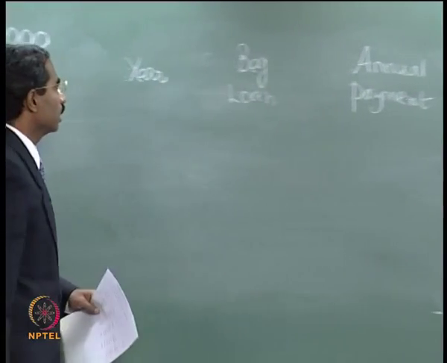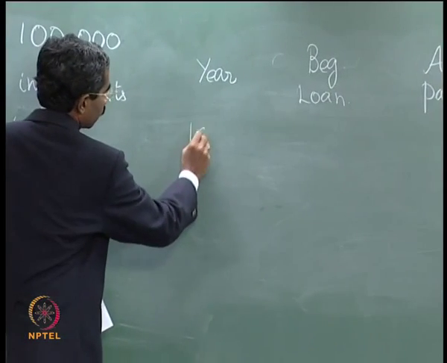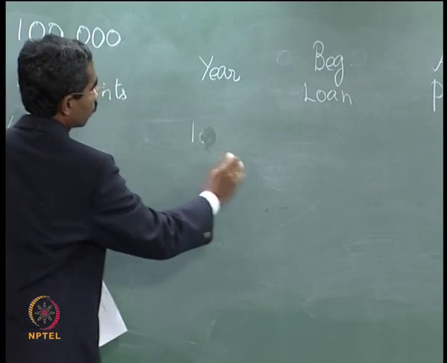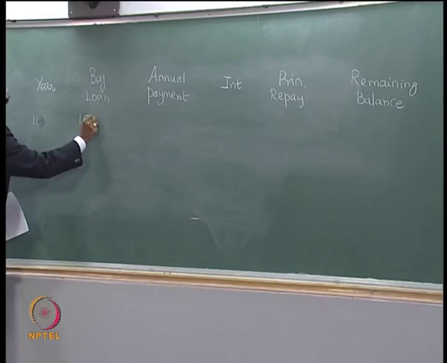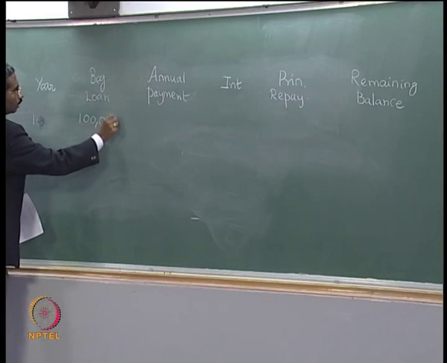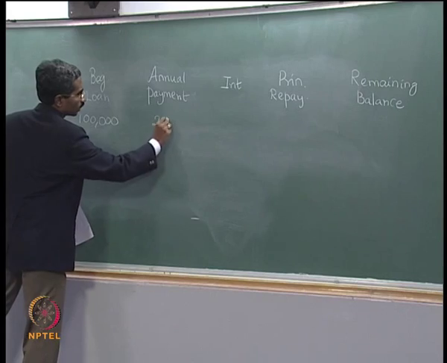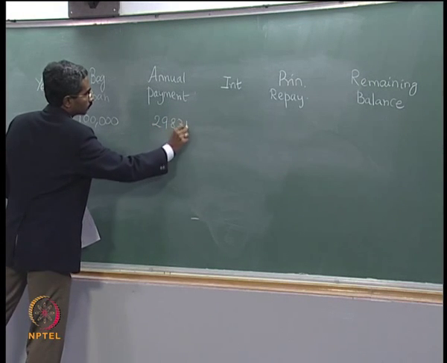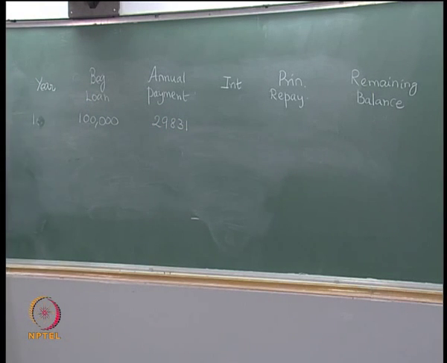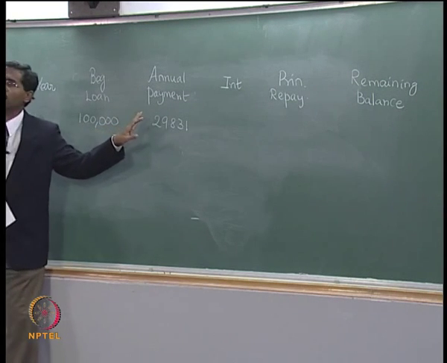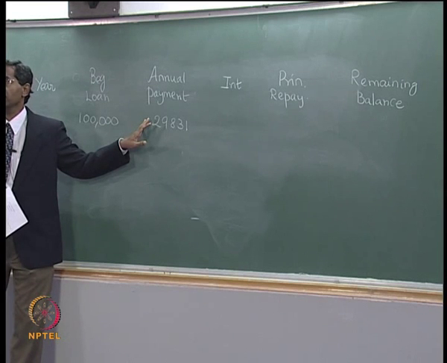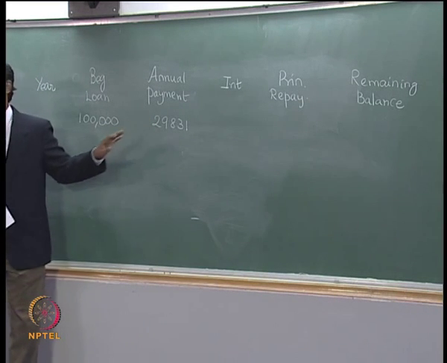Okay, if you look at year 1, we are starting with a loan of 100,000. So that is your beginning loan, and in the first year we pay 29,831. This annual payment goes towards meeting the principal as well as the interest for this particular year.